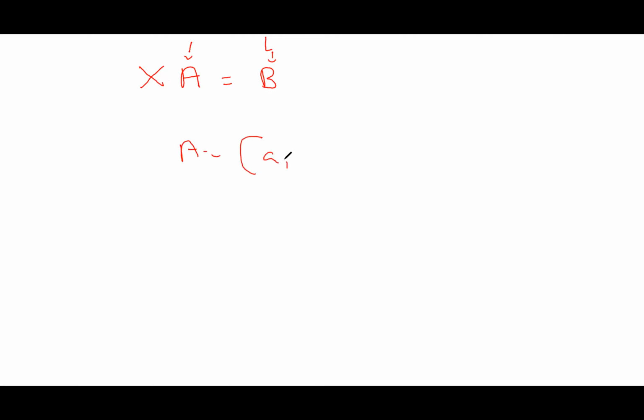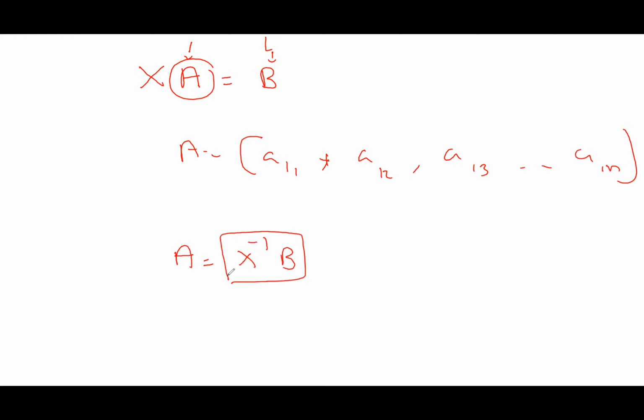A is simply A11, A12, A13, and so on up to A1n. So if you want to find A, it should be X inverse times B, right? Because of the thing I just showed you.